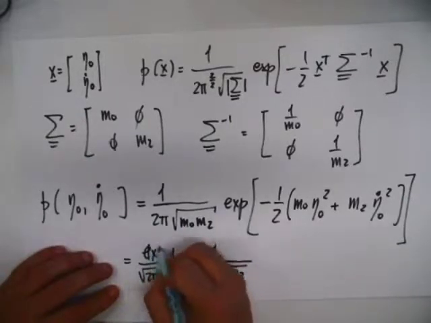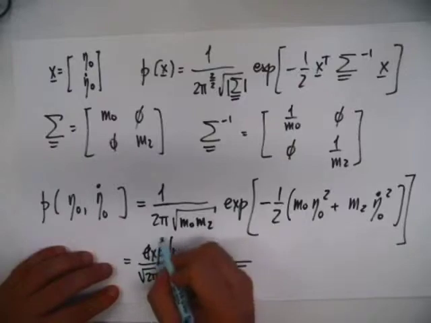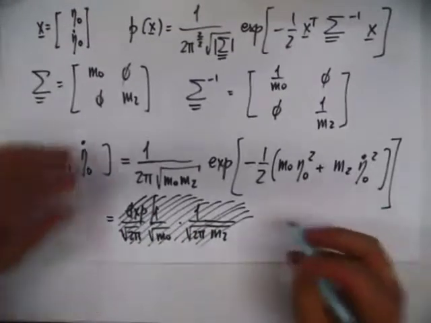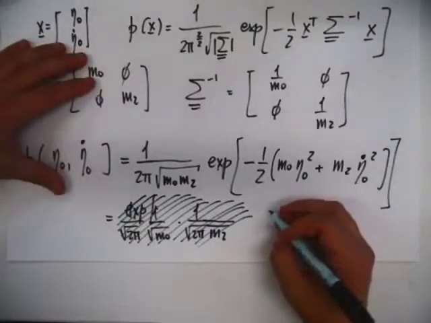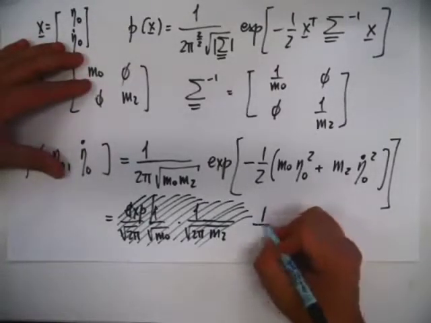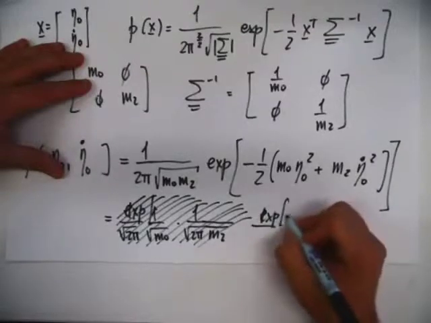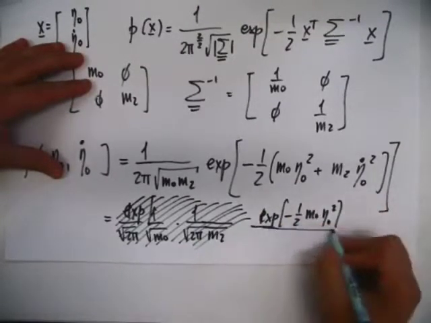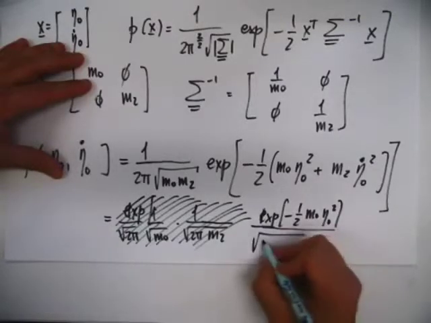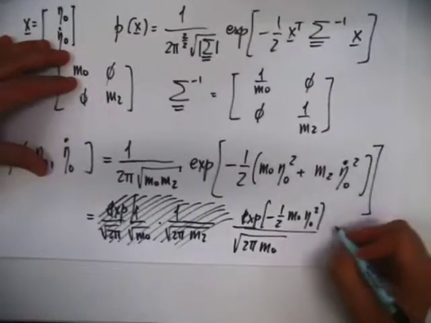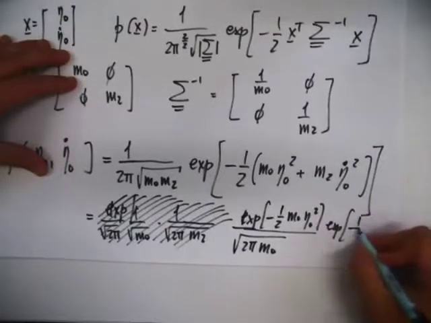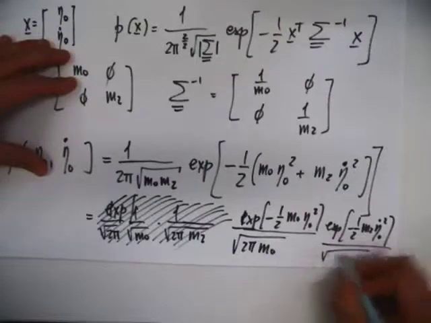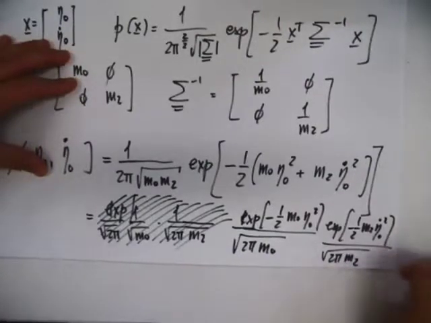Then, sorry, let me do it again. So this is equal to exponential of minus 1/2 m0 eta 0 squared divided by square root of 2 pi m0 times exponential of minus m2 eta dot squared divided by square root of 2 pi m2.